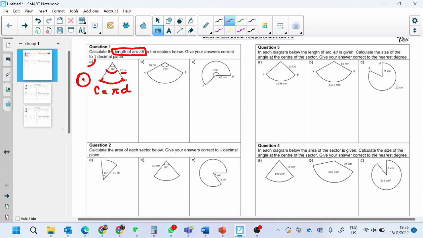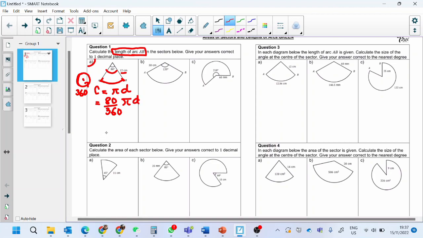In a circle the angle around is 360, and this is just 80 degrees. So we do 80 divided by 360, and the rest of the formula remains the same, pi and d.